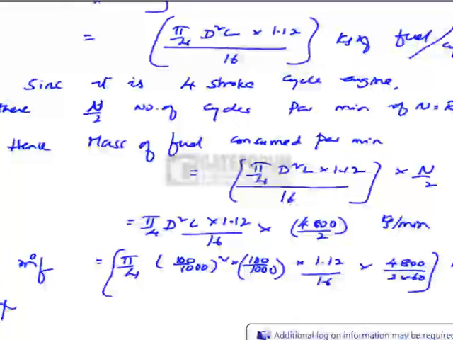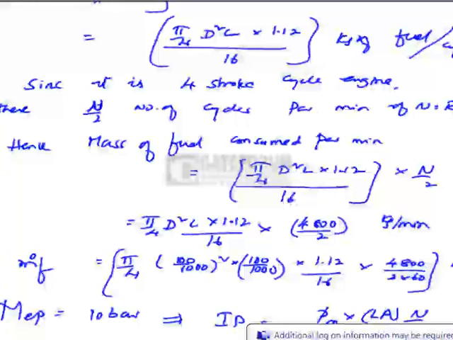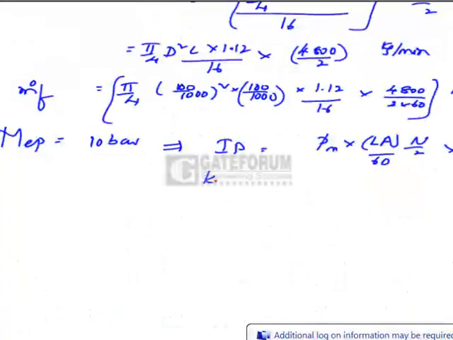It is given mean effective pressure as 10 bar. Therefore, indicated power of the engine can be calculated as P M L A N by 2 by 60 into K, where K is the number of cylinders. K is given as 4 cylinders. Therefore, indicated power is equal to 10 bar into 100, that is so many kilopascals.